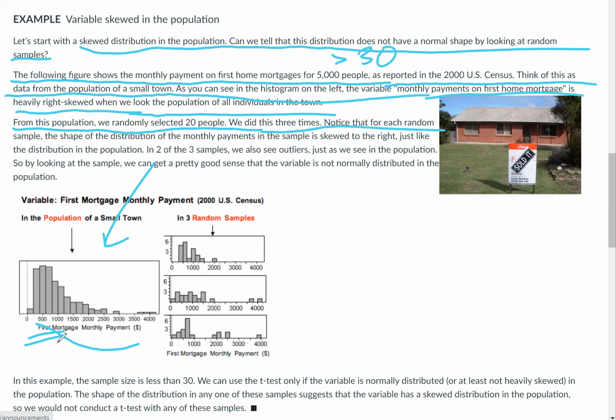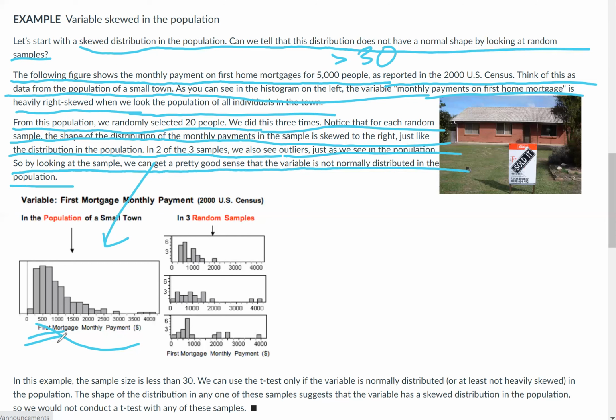We did this 3 times. Notice that for each random sample, the shape of the distribution of the monthly payments in the sample is skewed to the right, just like the distribution in the population. In 2 of the 3 samples, we also see outliers, just as we see in the population. So by looking at the sample, we can get a pretty good sense that the variable is not normally distributed in the population.